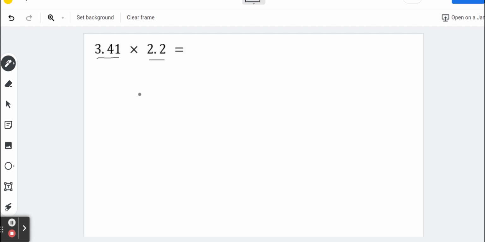So 3.41, that's between 3 and 4, but it's closer to 3. 2.2, that's between 2 and 3, but it's closer to 2. This looks kind of sloppy, so I'm going to fix it. And what's 3 times 2? That is 6. So this is my estimate.